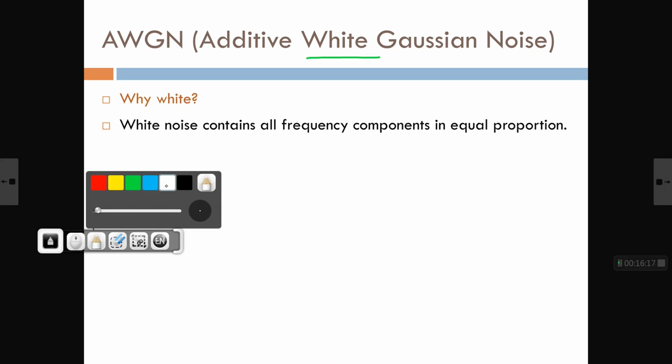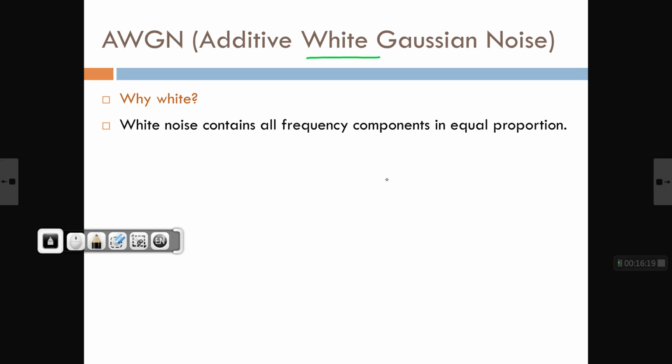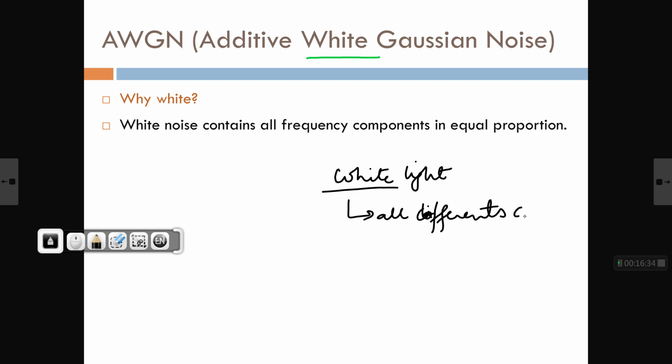White light consists of all different colors, yes or no? When all different colors are added together, they form white light. That is the reason white light is formed from all the different colors.